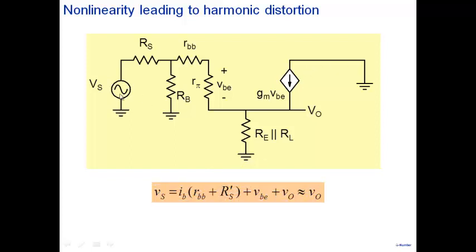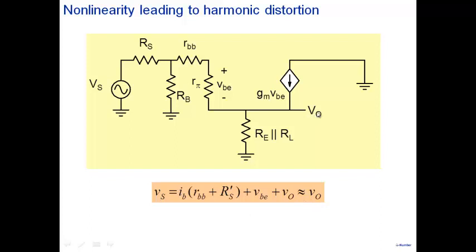I've already showed you that Vs is equal to all of that you see here. But Vs is practically equal to V0 in a common collector amplifier. So there may be nonlinearity in all of this, but if V0 is equal to Vs, it doesn't really matter. V0 is practically equal to Vs, so my amplifier is a highly linear amplifier.